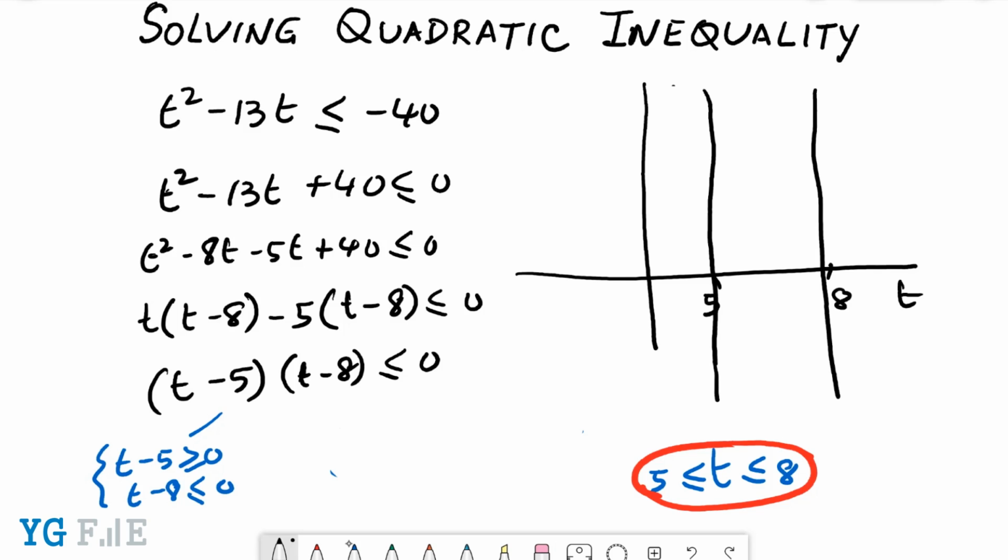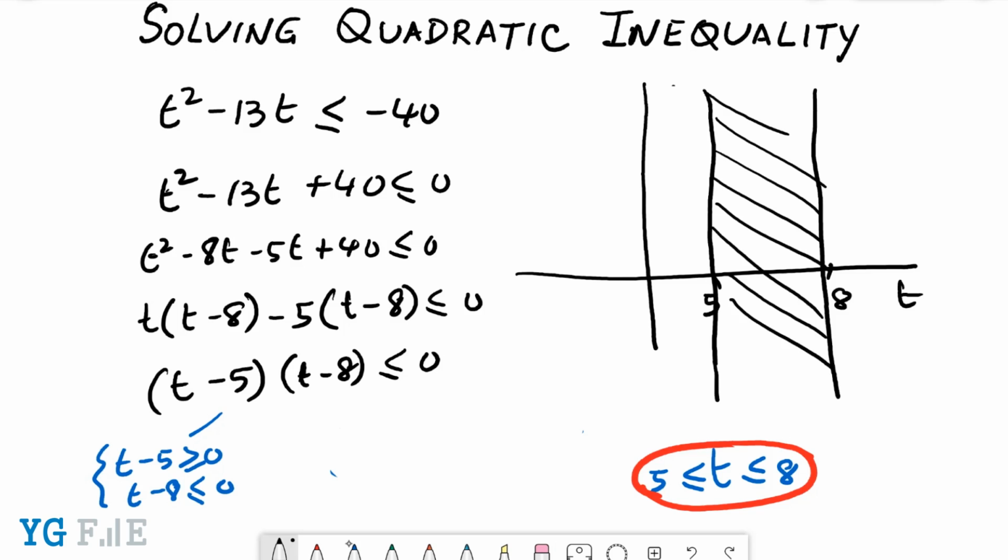Now which portion is t greater than 5? Definitely it is the inner portion. All this area that is shaded here represents the values of t that satisfy this quadratic inequality. So this is how we solve a quadratic inequality.